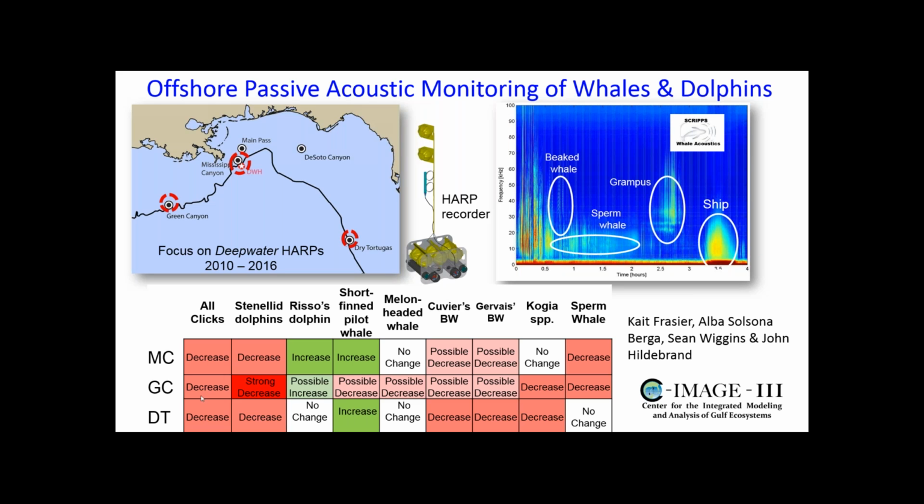You can see, particularly in the Mississippi Canyon, fairly substantial decreases in the stenelids and in things like sperm whales. We saw a major reduction in sperm whale abundance here, and possibly relocation to the Dry Tortugas area.